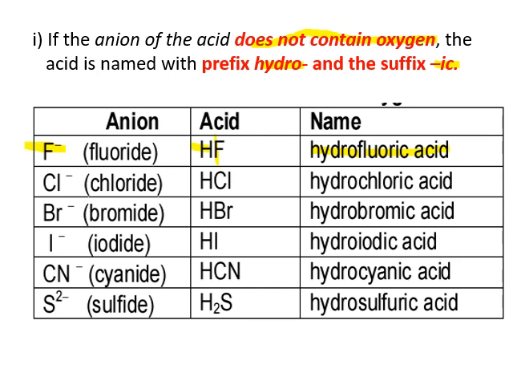So that's why the anion ended with the suffix -ide. Okay, Cl, chloride. So when we combine with hydrogen, it becomes hydrochloric acid. This is hydrobromic acid, hydroiodic acid, hydrocyanic acid, and this is hydrosulfuric acid.